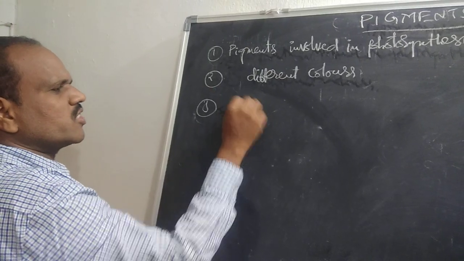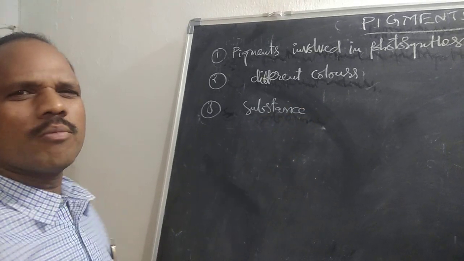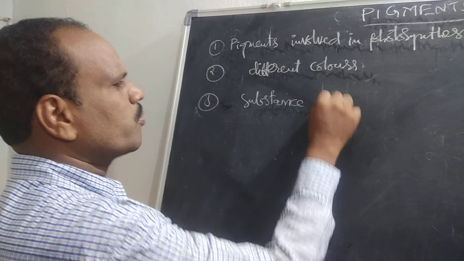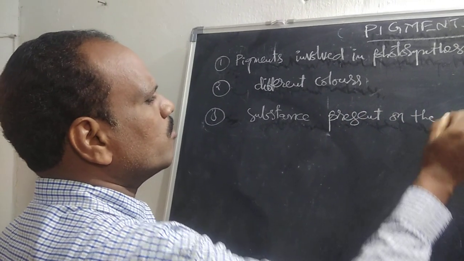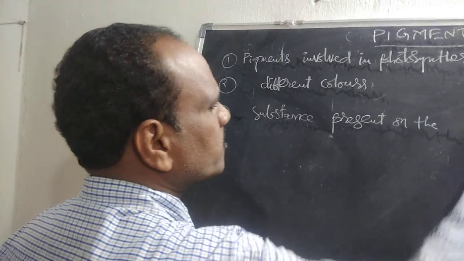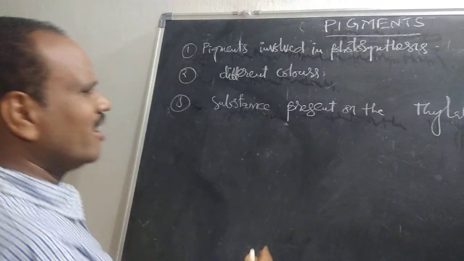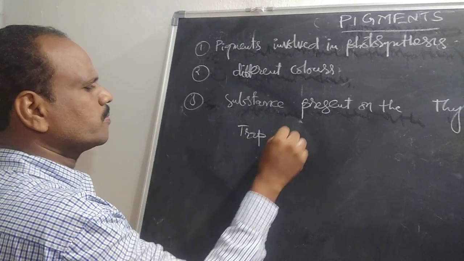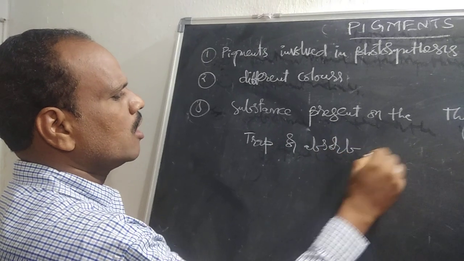Pigments are the substances present on the membranes of the thylakoid. These pigments trap or absorb the light.